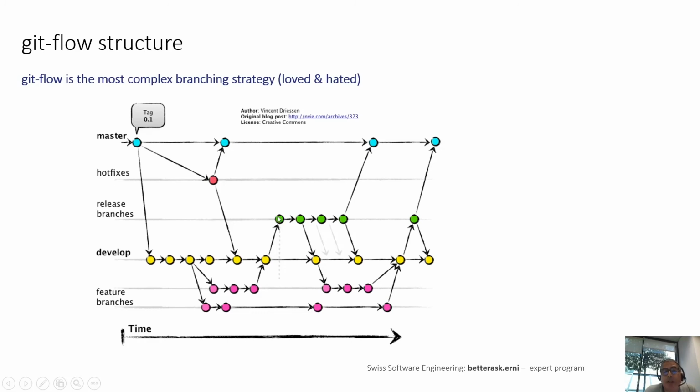They did some fixes. These fixes go back into develop, and at some point they also go into production. So you have to be careful not to forget to do this.